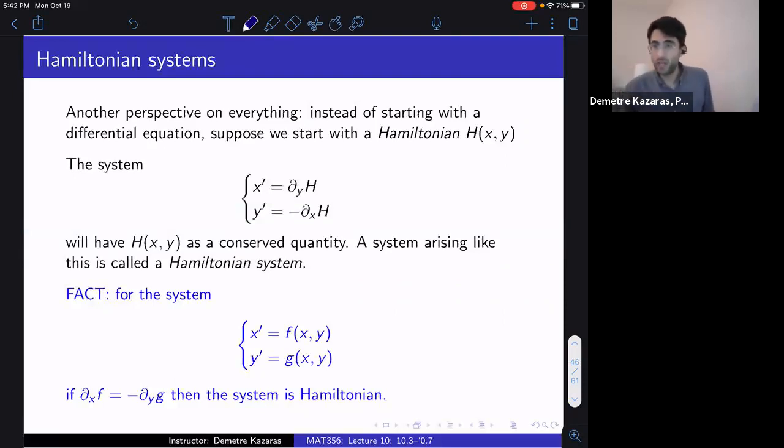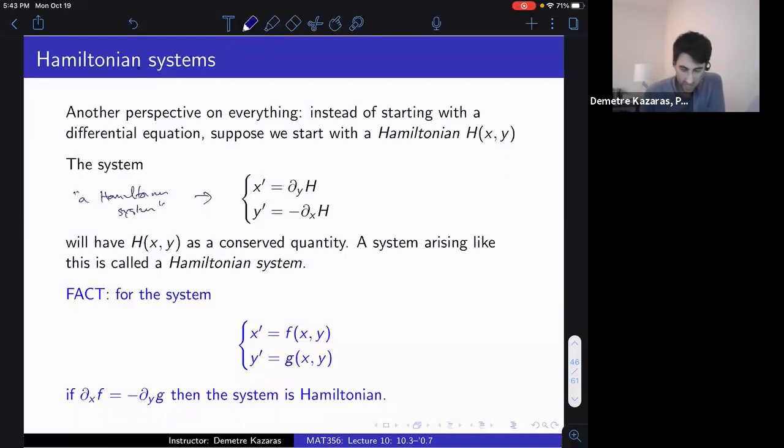How can you tell when your system arises like this? By the way, we would call this a Hamiltonian system, a system which arises from, you start with a function of two variables and then form the system like this. I call that a Hamiltonian system.